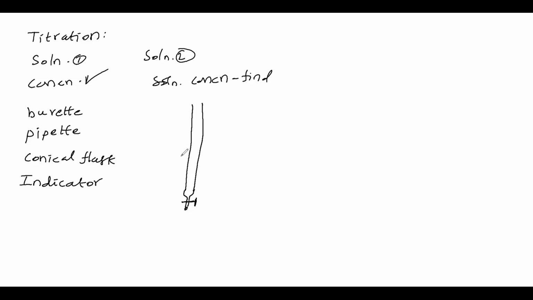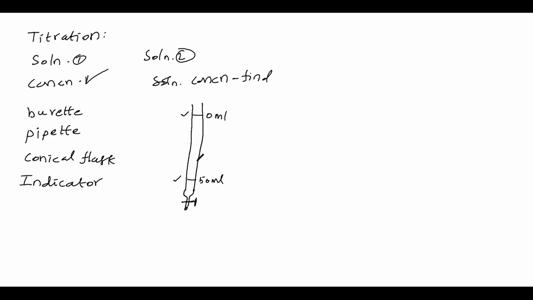Then in the burette, readings will be there. Suppose here 50 ml is given, and here 0 ml is given. That means from here to here, the volume of solution is 50 ml.